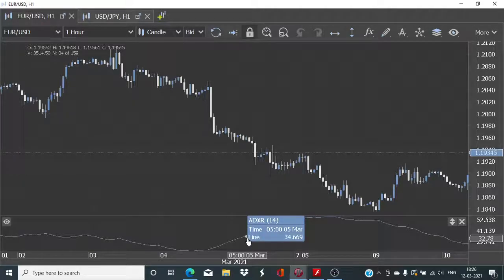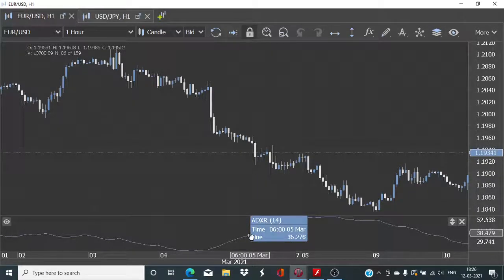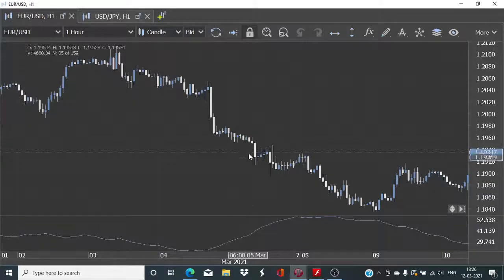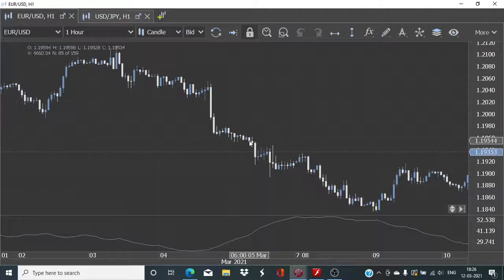5 GMT, so this is 6 GMT, and I think at 6 GMT the ADXR value crosses above 35. So this time around it won't be fulfilled because of ADXR being higher, but hourly formation is just as per our requirement.